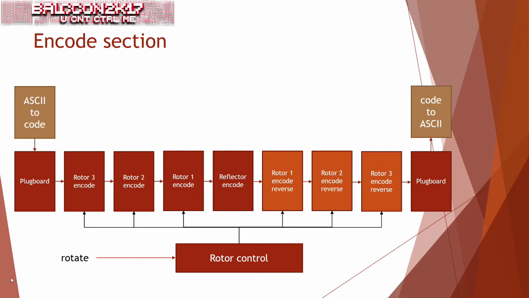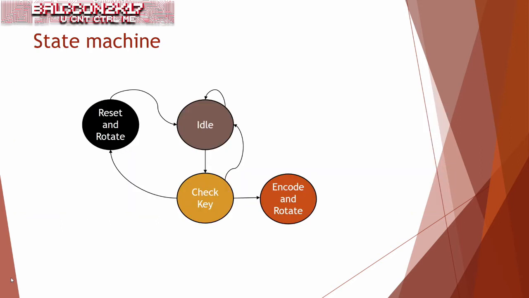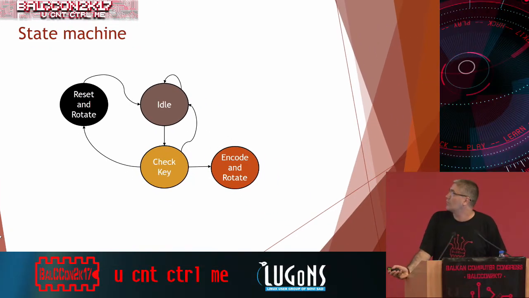Because those rotors actually rotate when you press the key, the rotors go around first, and then the current goes through. So we actually need to emulate that, and we have a simple state machine. Well, you know what finite state machines are.